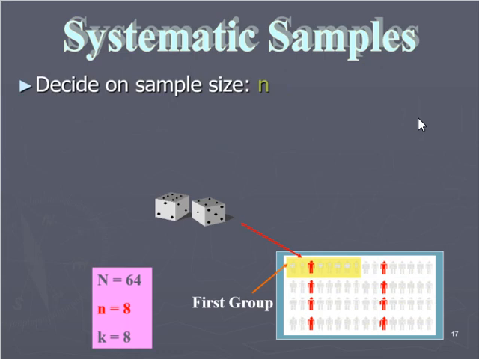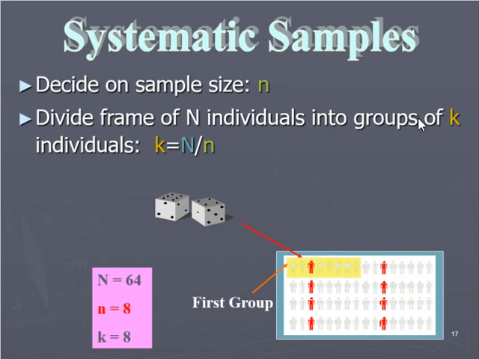Once you have your sample size, you divide the population by it to arrive at the number of individuals for your sample. For example, the population is 64 and you want a sample of 8.